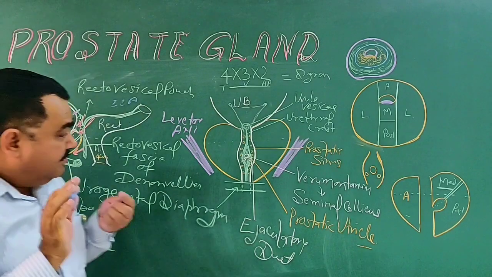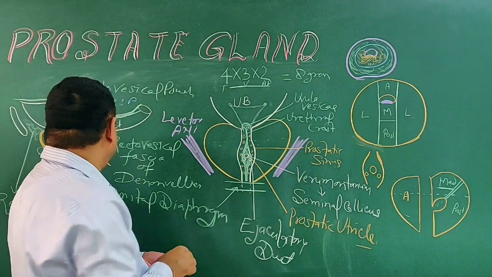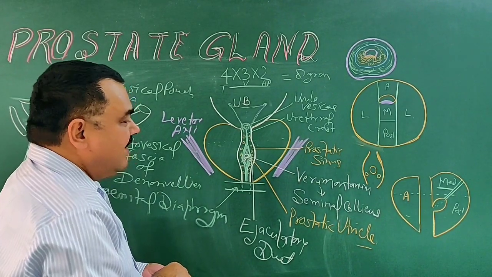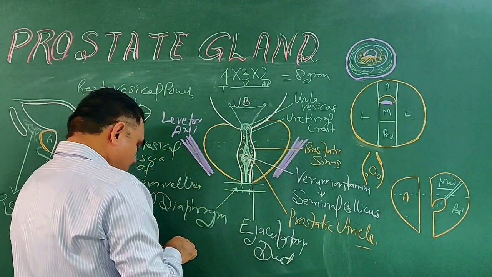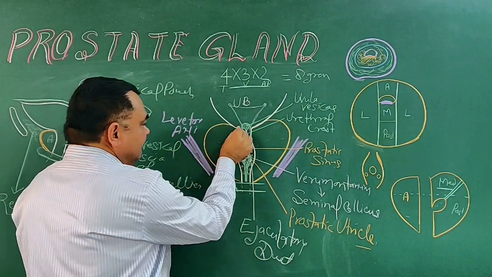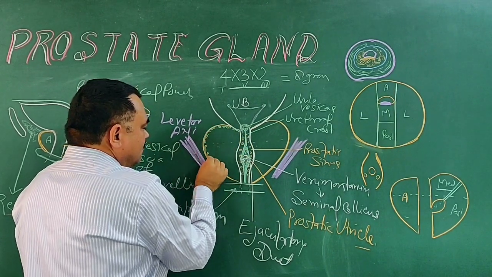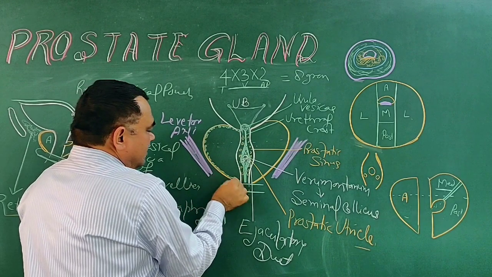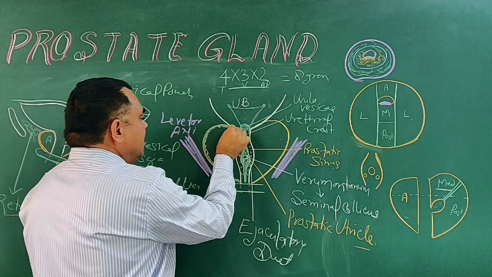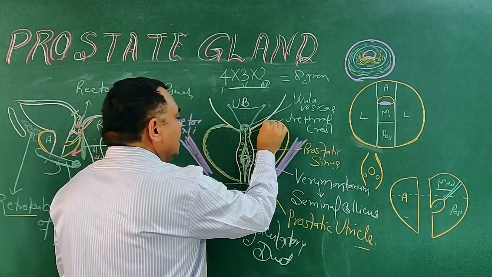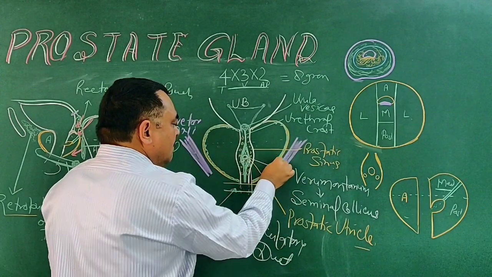And one very important thing is the prostatic venous plexus. Around the prostate gland, a venous plexus is formed. If you see the peripheral part of the prostate gland, this peripheral condensed connective tissue forms the true capsule.